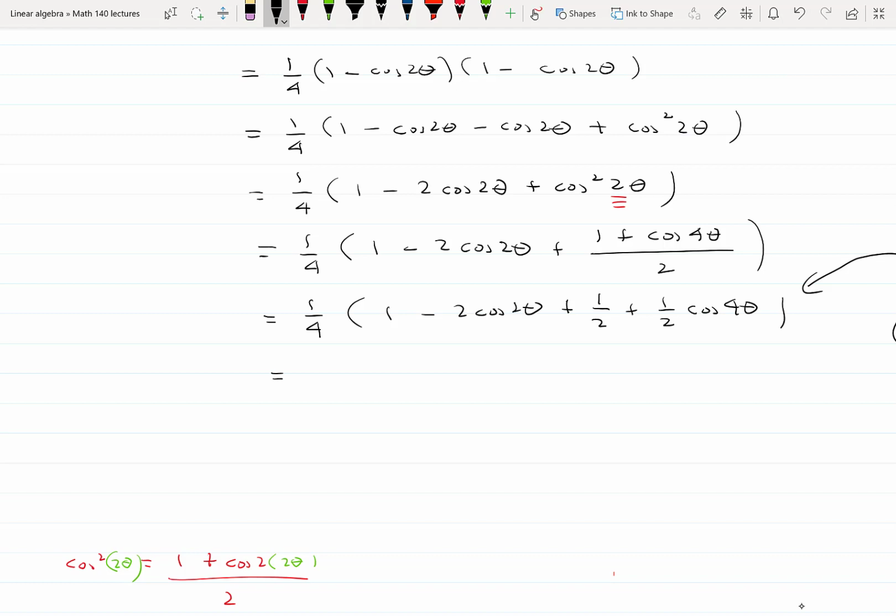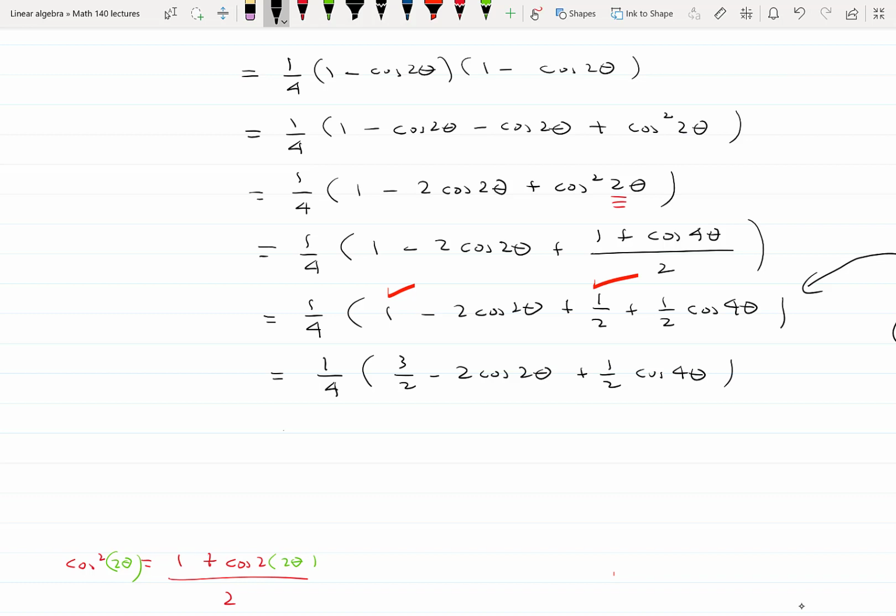We're almost there. Let's clean this up. Combine like terms. We have 1 and we have plus 1/2. 1 plus 1/2 is 1.5, or 3/2. Minus 2 cosine of 2 theta plus 1/2 cosine 4 theta.